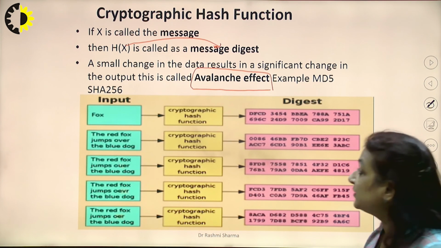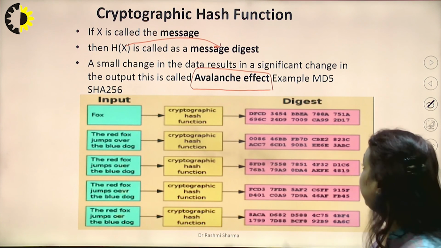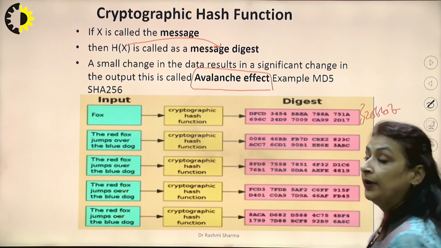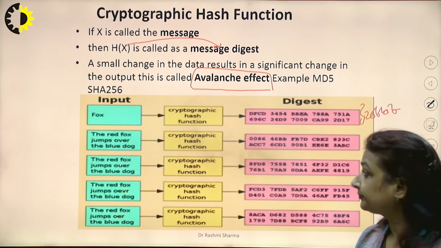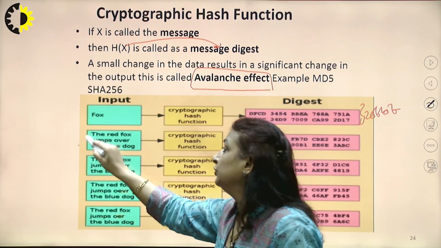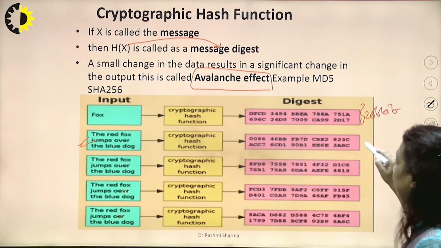The first input has only the word fox, but it is again creating a 256-bit or 64-character output. Now the second line has the red fox jumps over the blue dog, so it is generating this particular text.